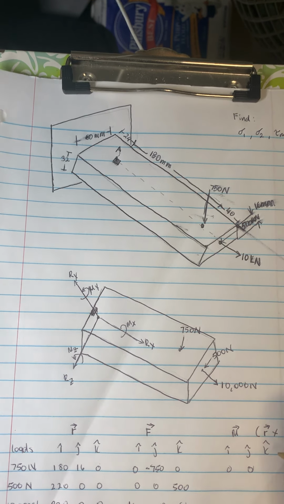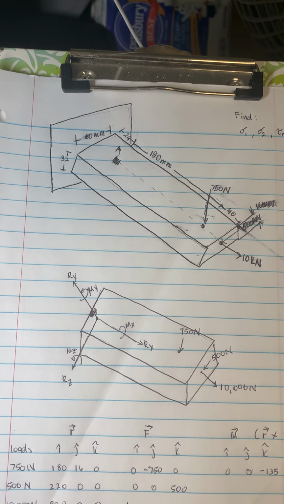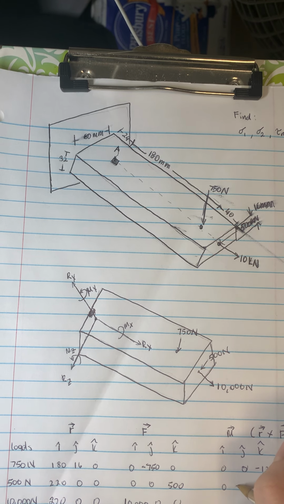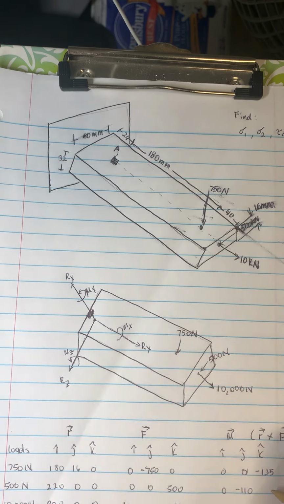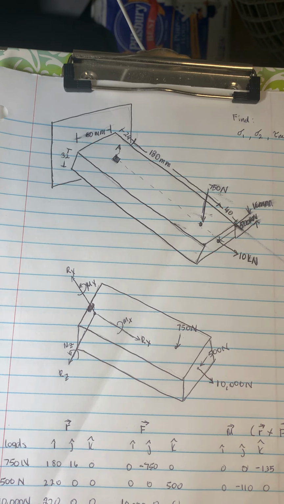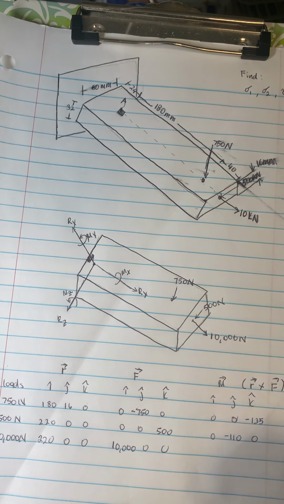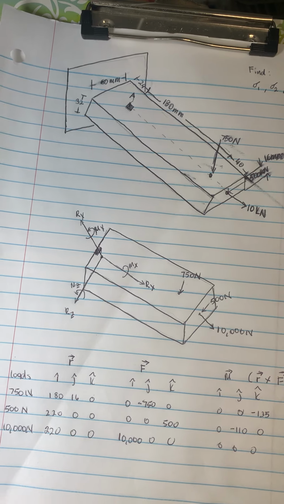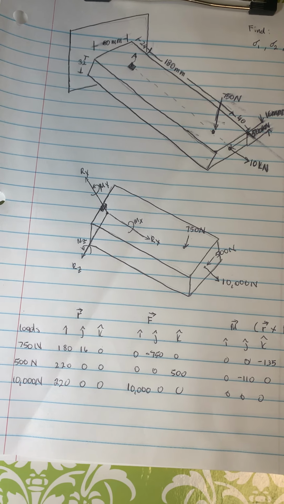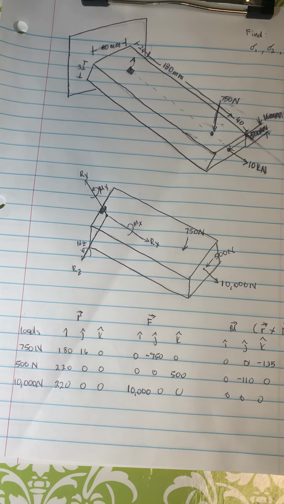So negative 135, 0, and this will be negative 110. This will be 0. And down here, it will be all 0. And that is our table for the load, for the R, F, and M moment.